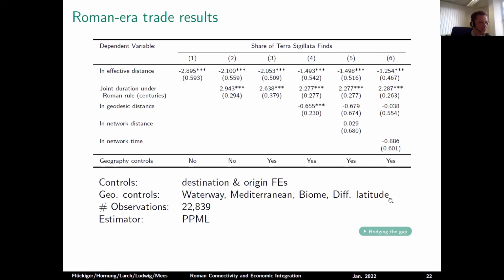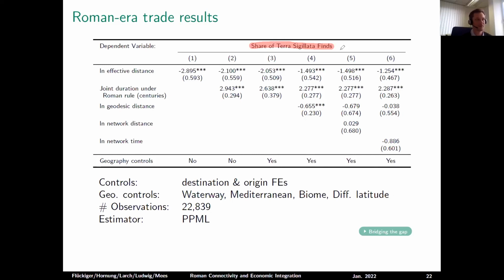Which brings me to our main table, just to give you the flavor of what we're doing here. What we're basically estimating is this elasticity, where the dependent variable is, we actually were forced to use the share of terra sigillata finds from a production site. The same would be true for a count.